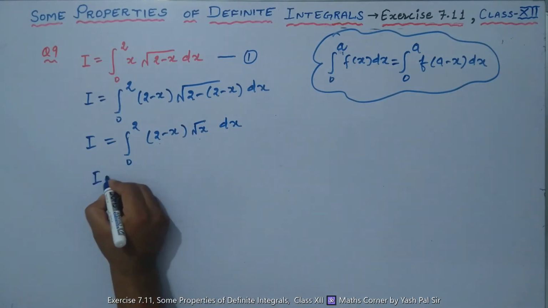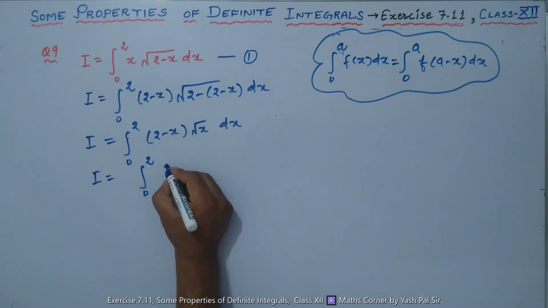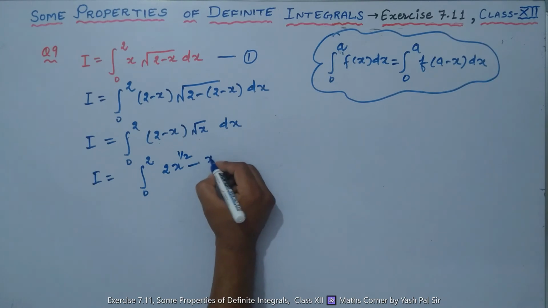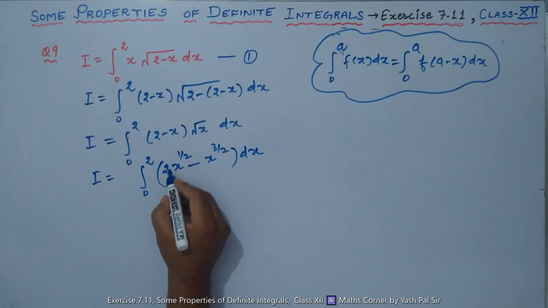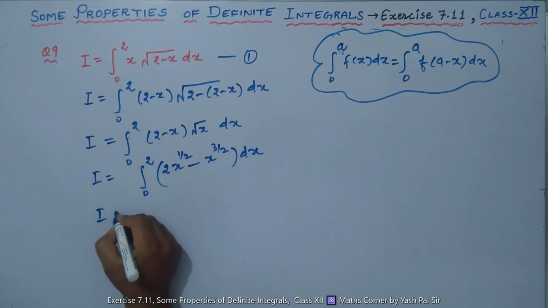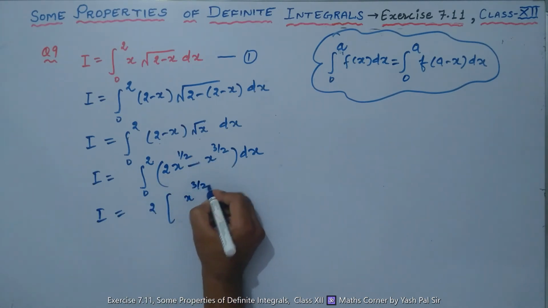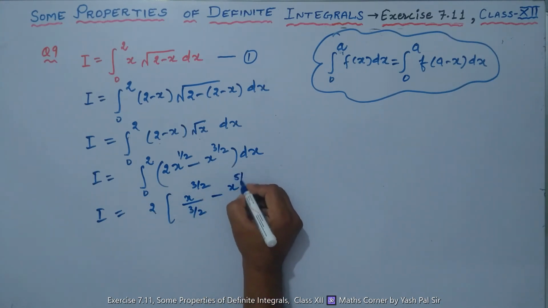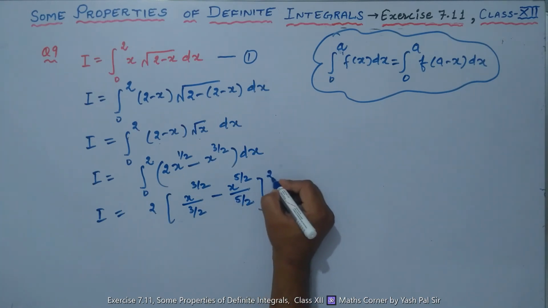So we can write this as integral 0 to 2 of 2 into x power 1 upon 2 minus x power 3 upon 2 into dx. Further now we can apply the integration rule. I is equal to 2 x power 3 upon 2 upon 3 upon 2 minus x raised to power 5 upon 2 upon 5 upon 2, from 0 to 2.